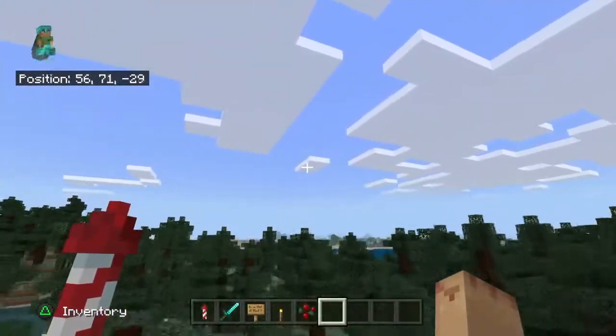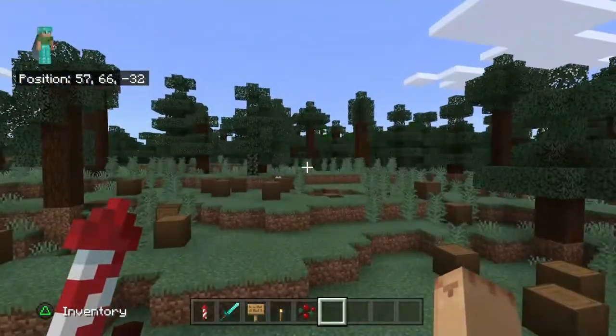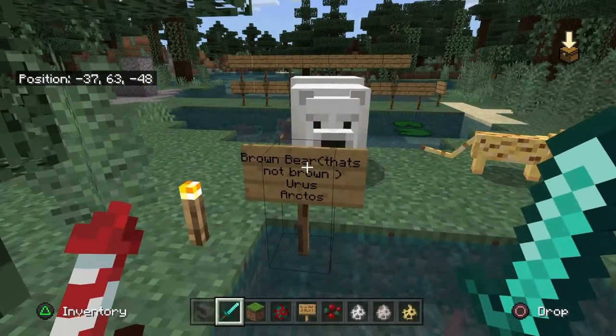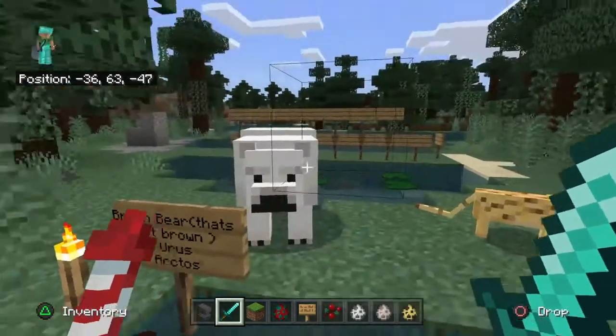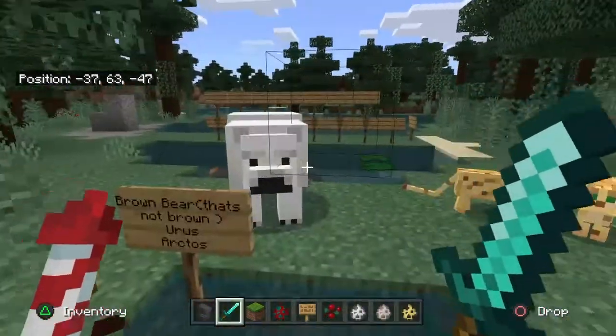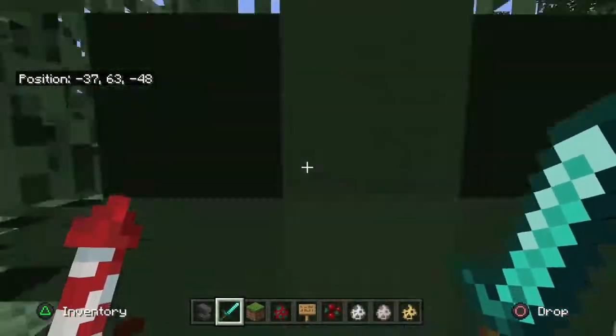And occasionally it'll start and stop raining, so it stopped raining. Over here we have the three animals in our biome. So we have our brown bear, but it's not really brown, so yeah. It's a polar bear, but I'm calling it a brown bear because it's a bear.